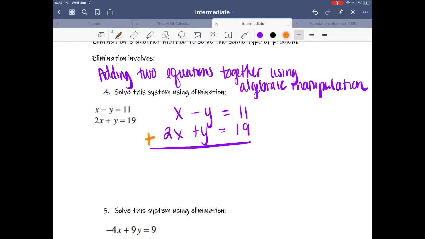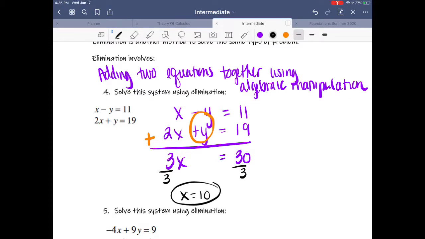If I were to just add straight down like we do addition, 19 plus 11 is 30. Negative y plus y is 0. And 2x plus 1x is 3x. So the y variables eliminate. And then all we have to do is solve for x.